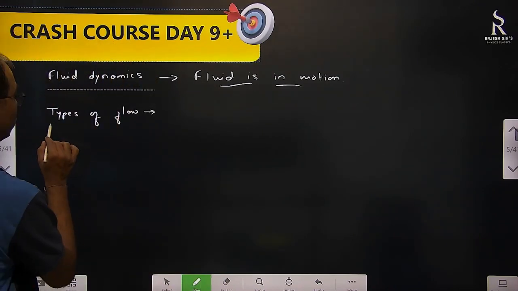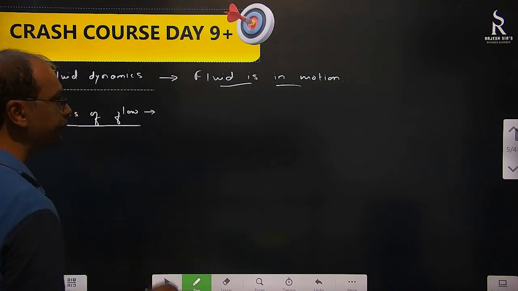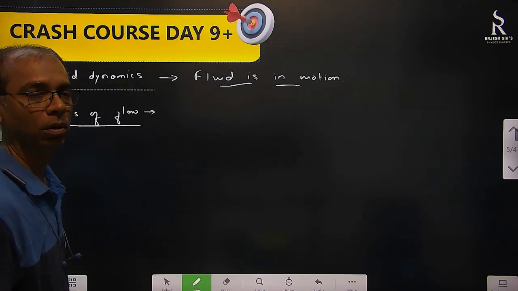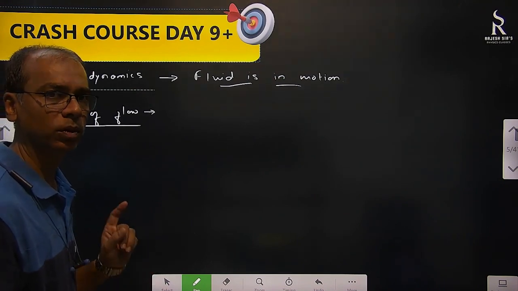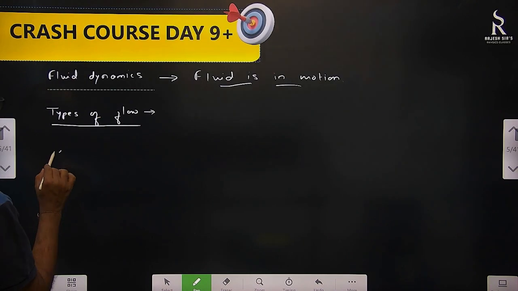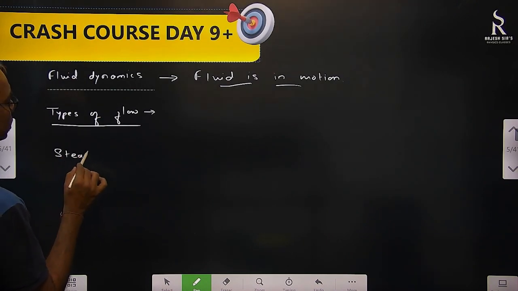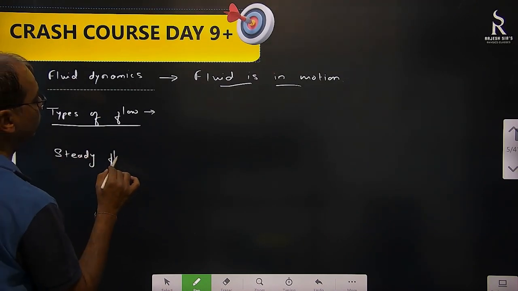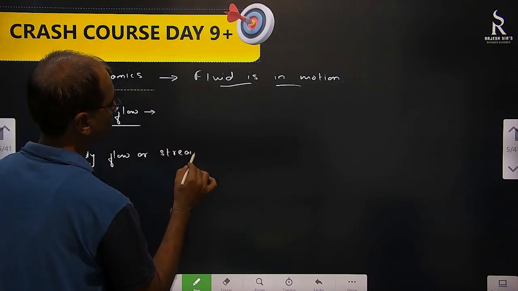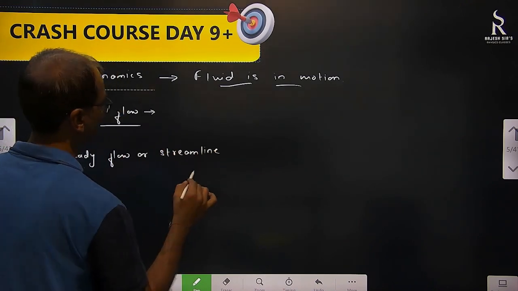Okay. What we have now? Types of flow. Two types of flow, or rather we are going to study mainly one type of flow which we call steady flow, which is also known as streamline or laminar.